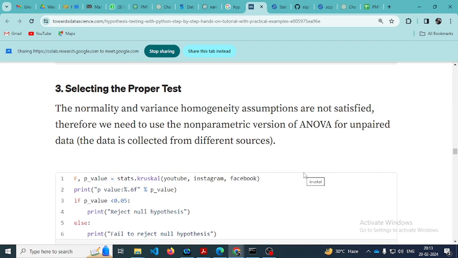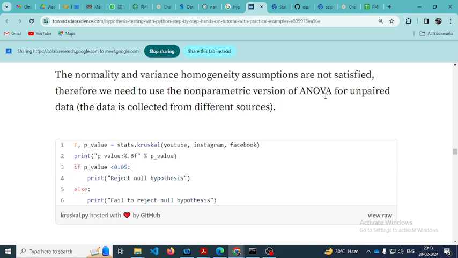In such cases you need to use the non-parametric version of ANOVA for unpaired data, the Kruskal test.